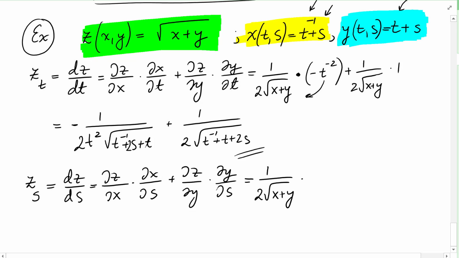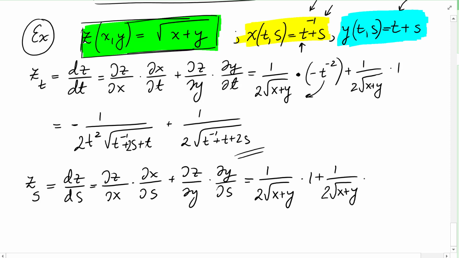So now we differentiate this with respect to s and we get 1, because this one, the t to negative 1, is constant, plus dz/dy. So again, we go to the green function and we differentiate with respect to y. We get 1 over 2 square root of x plus y times dy/ds. We differentiate this with respect to s, we get 1.